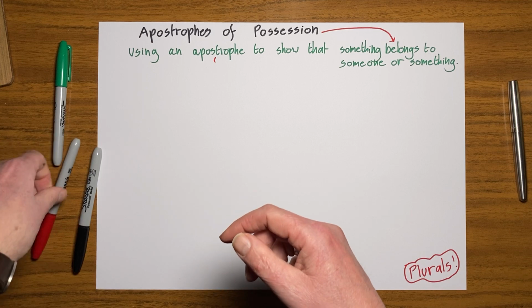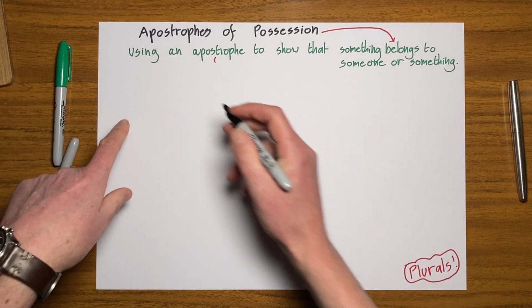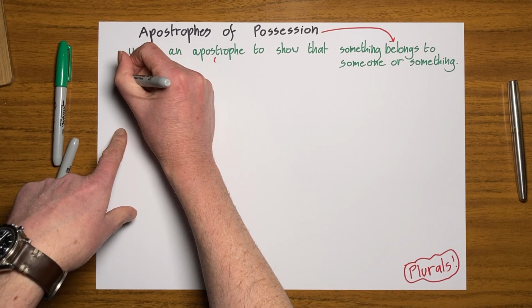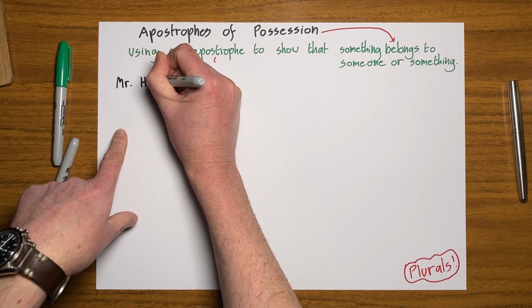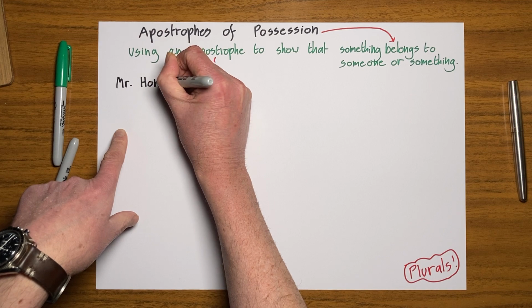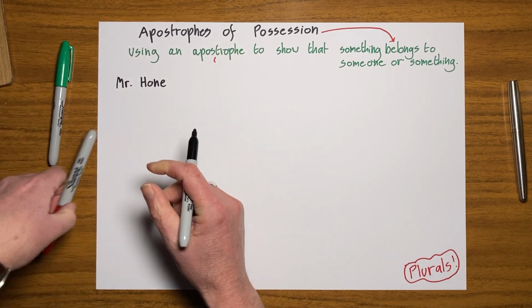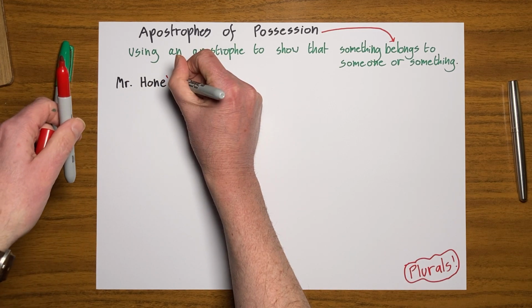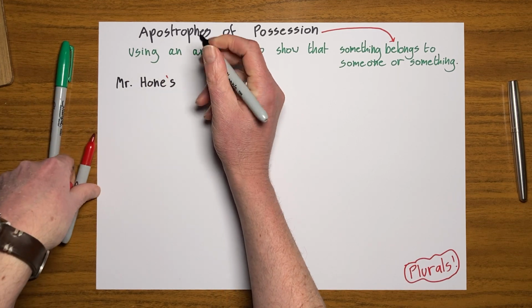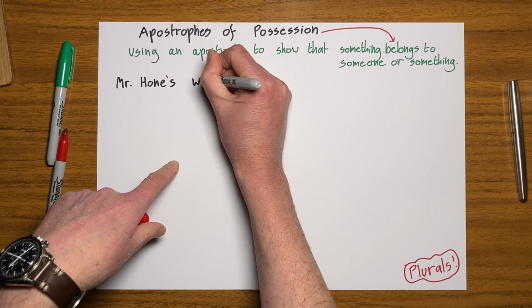So I would write here, and the way I do it is I write Mr. Hone, because that's my name when I'm teaching. And now I'm going to put my apostrophe in and put my S afterwards. Mr. Hone's watch.